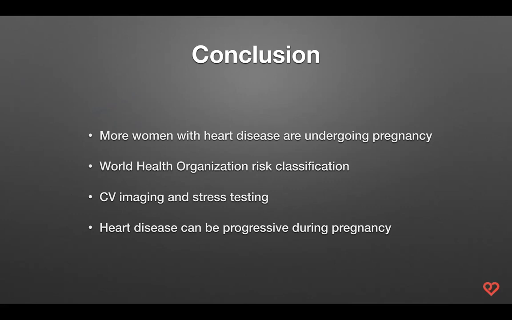Use cardiovascular imaging pre-pregnancy to the best of your ability. Involve stress testing if possible to document functional class, especially if they have complex congenital heart disease. And then remember to explain to your patient that heart disease can be progressive during pregnancy and that they need to be monitored for at least 6 months after pregnancy.